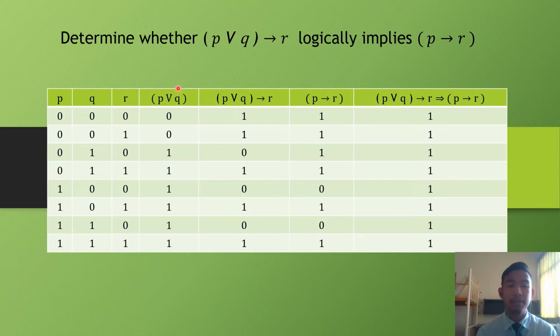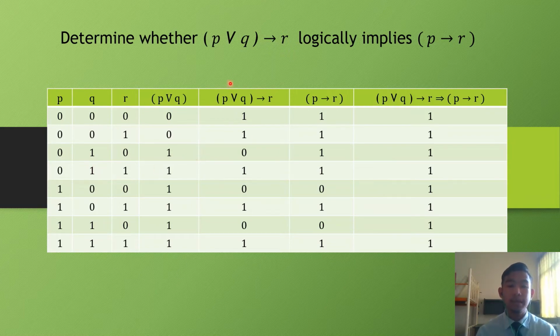Other than that, the statement will be true. So looking at P or Q, where we have false and false, we get false, and we also get false here, and other than that we don't have other false and false, so they will all be true.